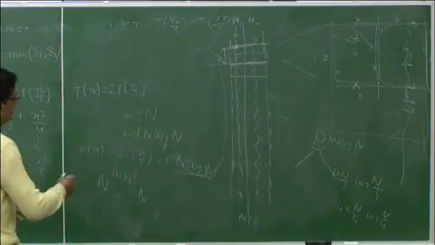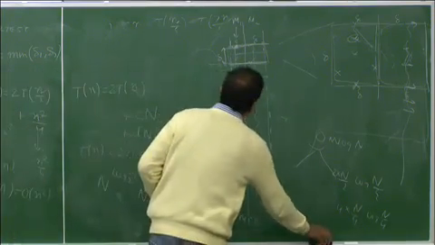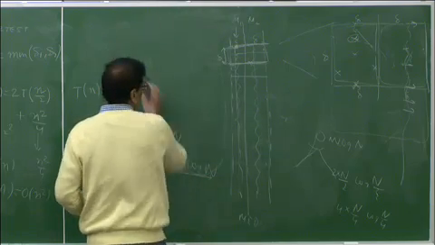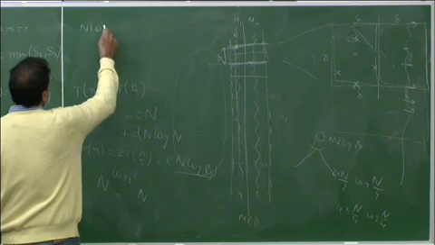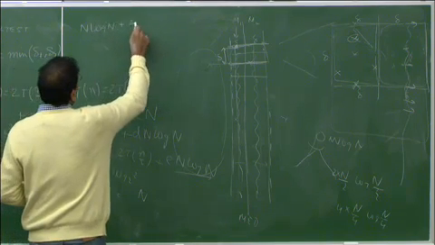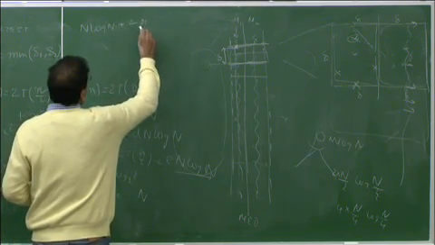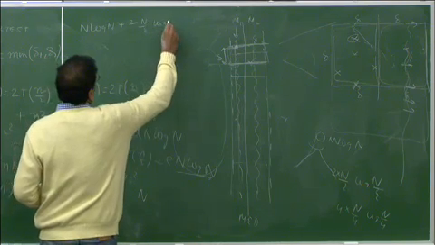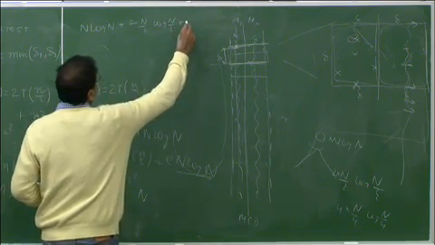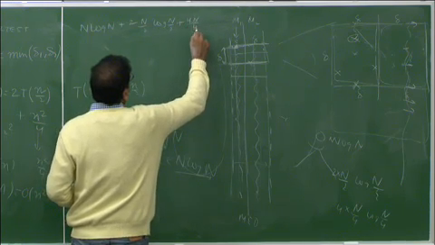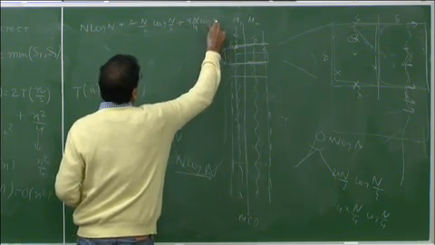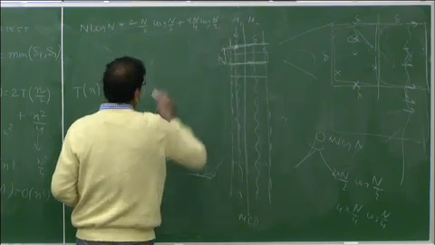If you count that time, it becomes nothing but n log n plus 2 n over 2 log of n over 2 plus 4 n over 4 log of n over 4.